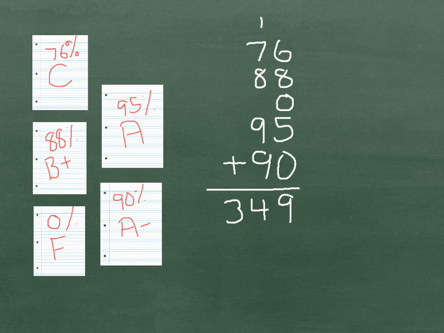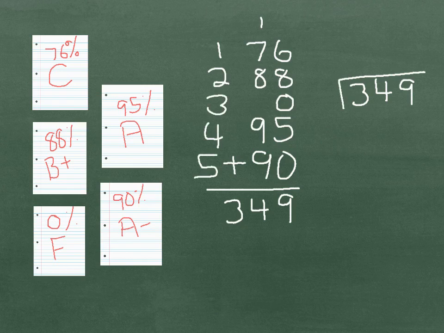To figure out what the grade is, I take the 349 and I divide it by how many numbers we had over here. We had 1, 2, 3, 4, 5. We had 5 numbers. So I divide this number by 5. 5 doesn't go into 3, but it does go into 34. 5 times 6 is 30.